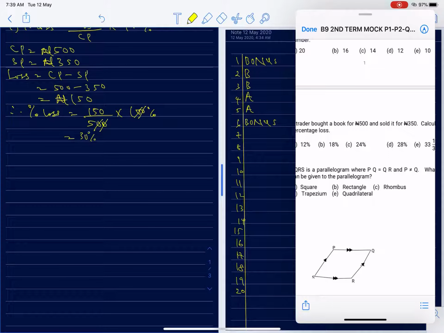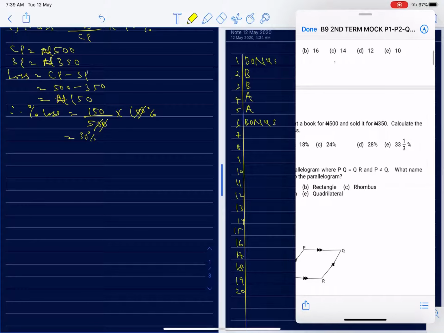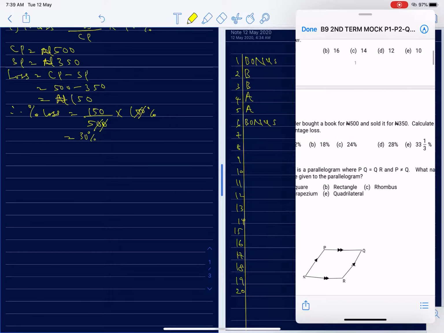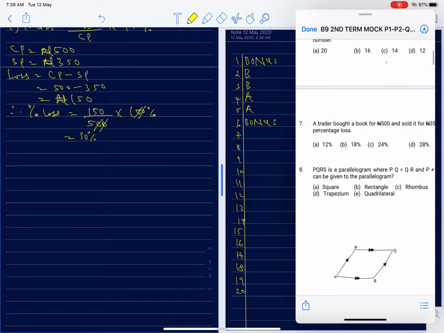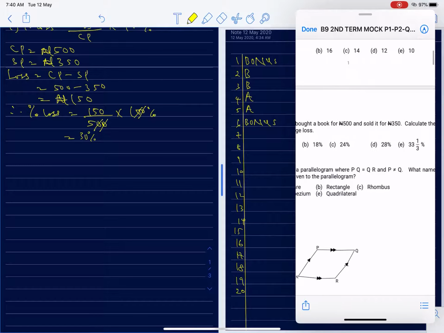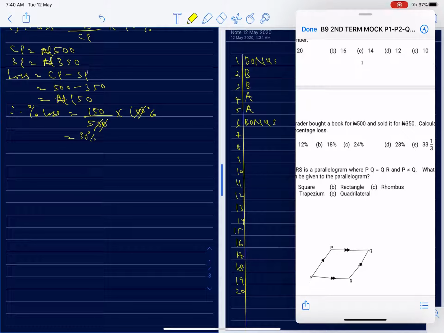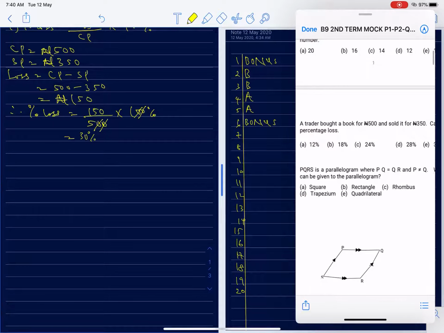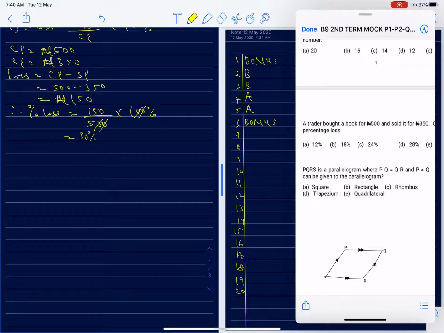Percentage loss is 30%. The answer is not there too, and that means that's also a bonus.